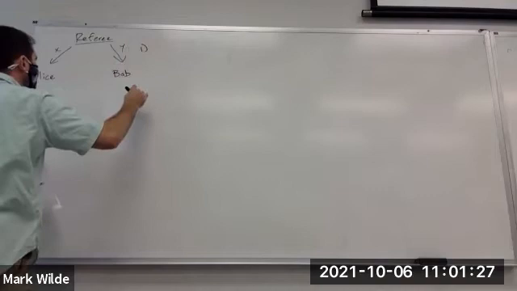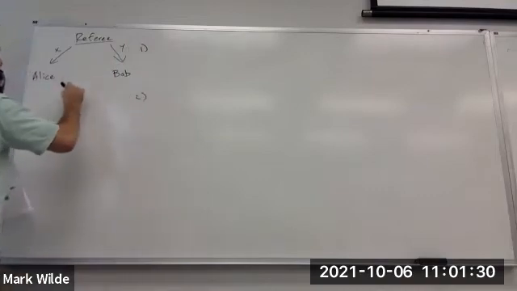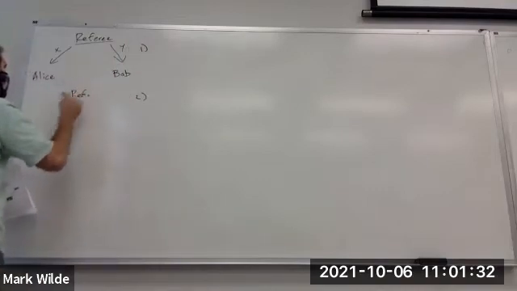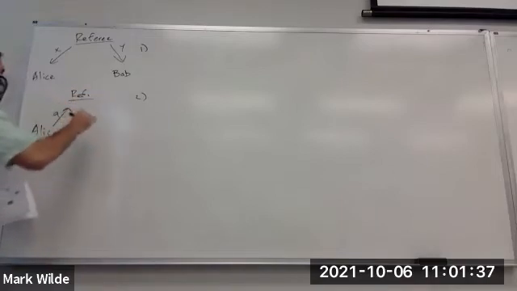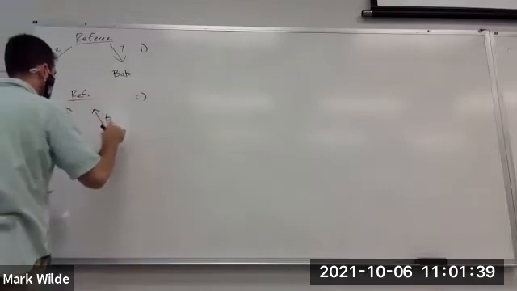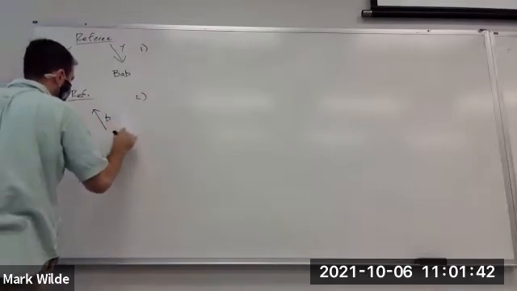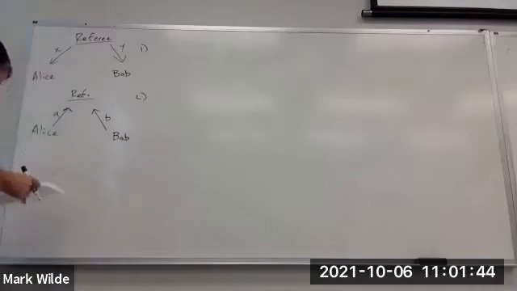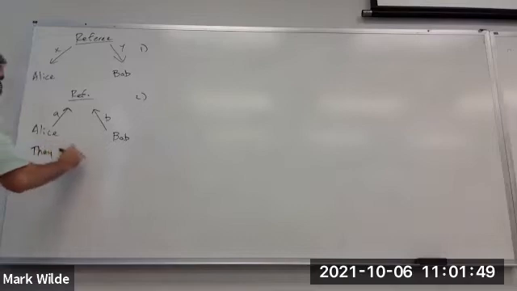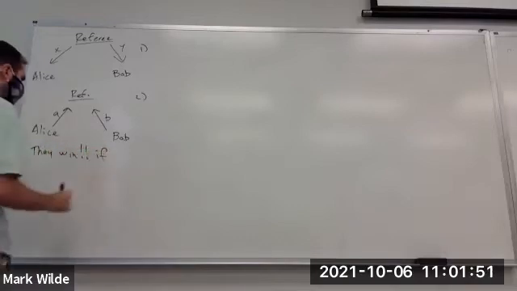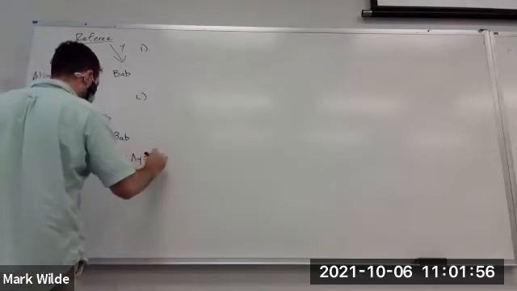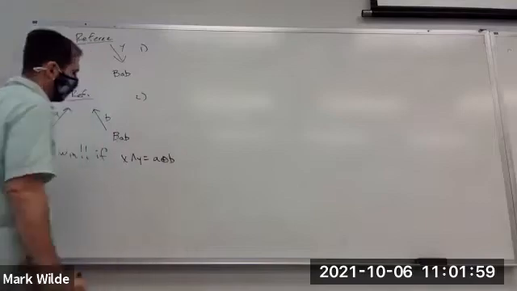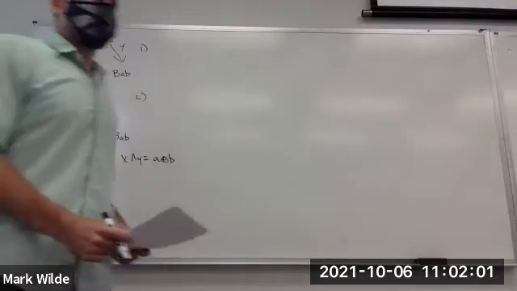And then in the second part of the game, Alice and Bob have to reply with bits. We'll call them A and B. And they win the game if the logical AND of the inputs is equal to the exclusive OR of the outputs. Right? So that's the game.